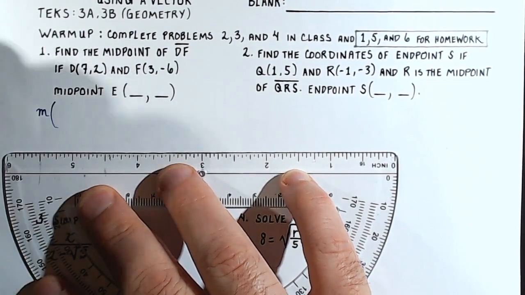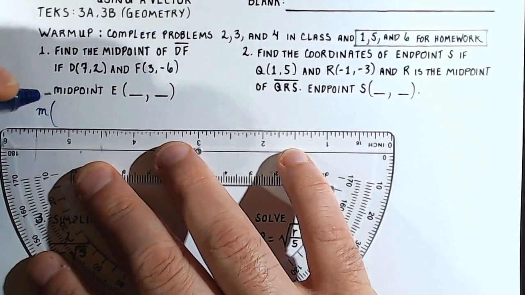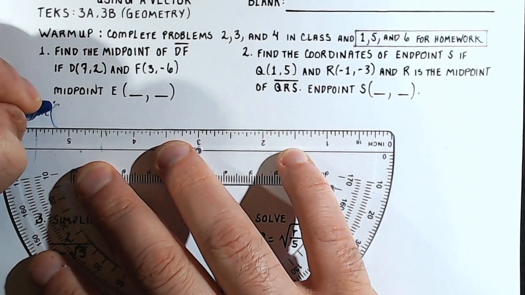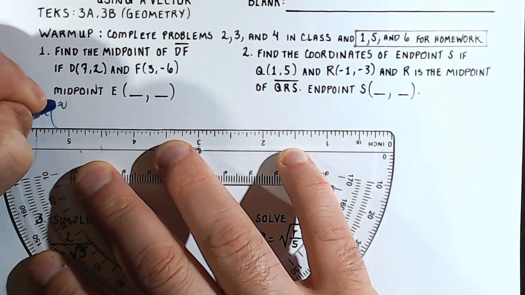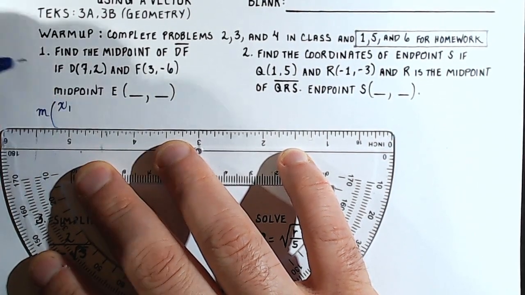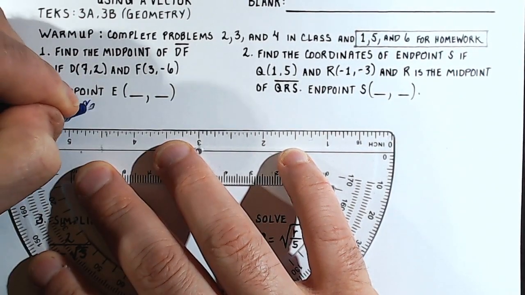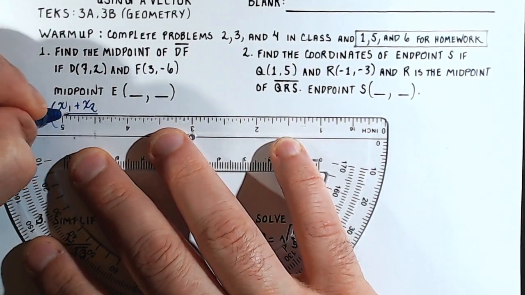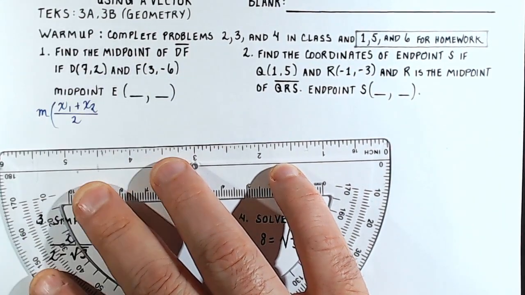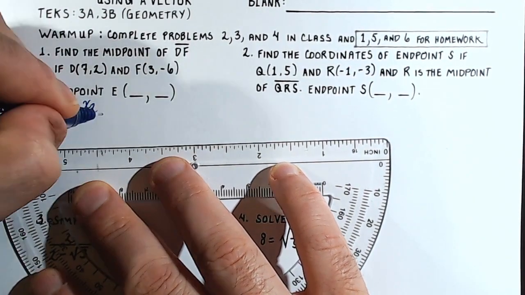This is really not so much a formula as a pair of formulas that find the coordinates of the midpoint. So we take the average of the x values, (x1 + x2) divided by 2, and that gives us the x-coordinate of the midpoint.